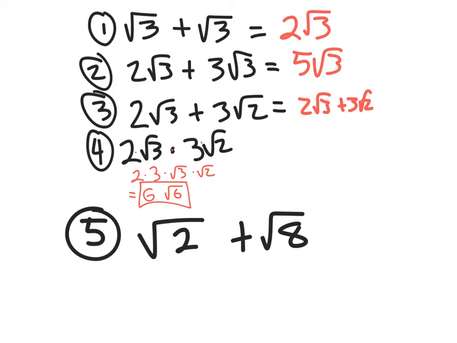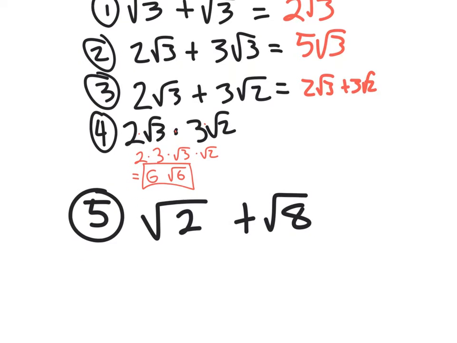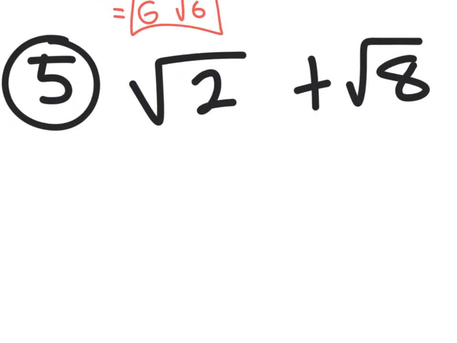The answer is? 3 square root of 2 is the correct answer. What? Wait, what? Okay, so some of us are thinking, wait a minute, you just said that if it's not the exact root, you can't add them together. But we do have the square root of 8 that's not fully simplified.